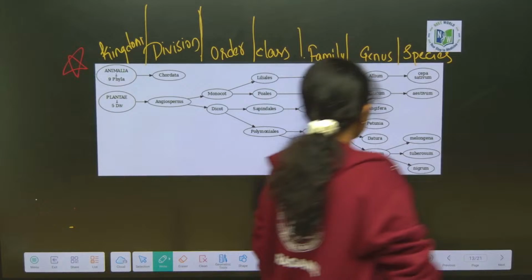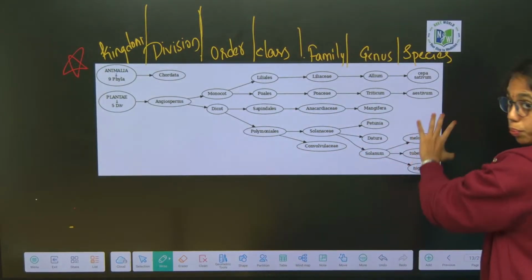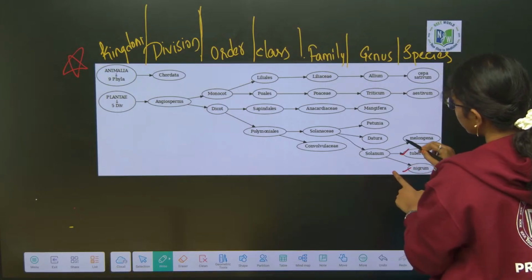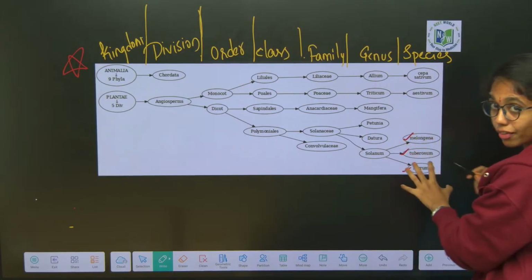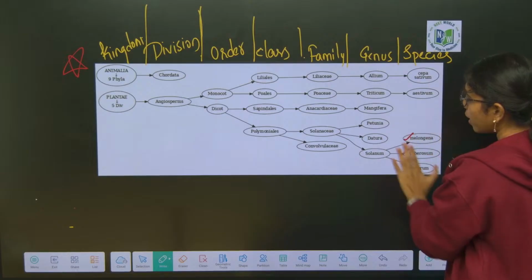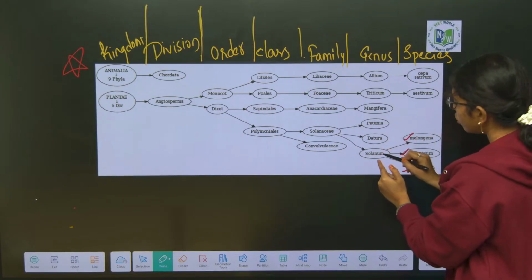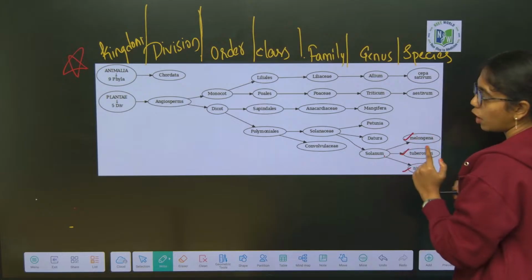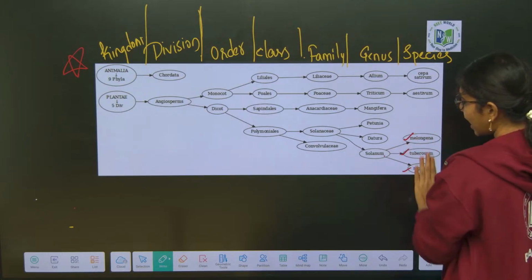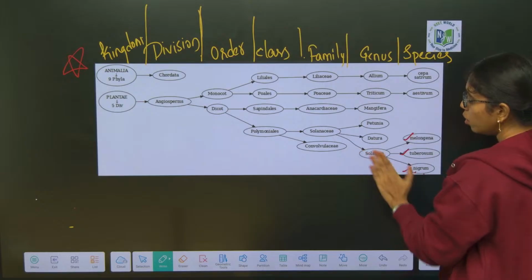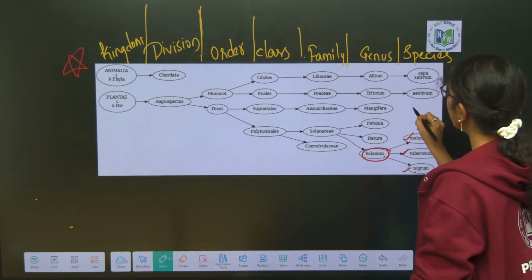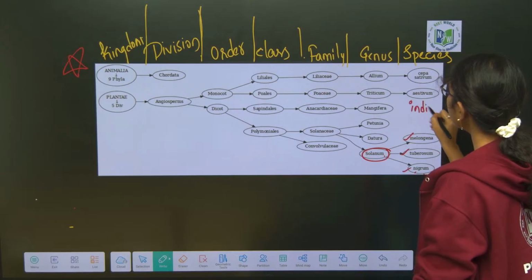Here you look first: these are groups of related species. What are they? Nigrum, tuberosum and melongena. These are different species of the same genus, like Solanum nigrum, Solanum tuberosum and Solanum melongena. So these are three different species belonging to one genus, that is Solanum. Clear, right? And here you see Indica, Mangifera indica.